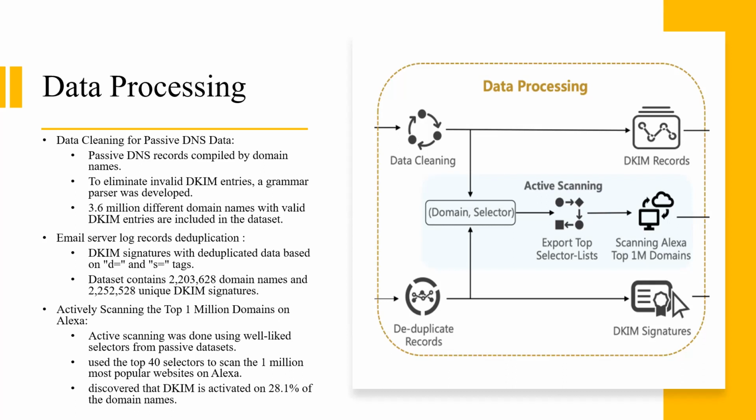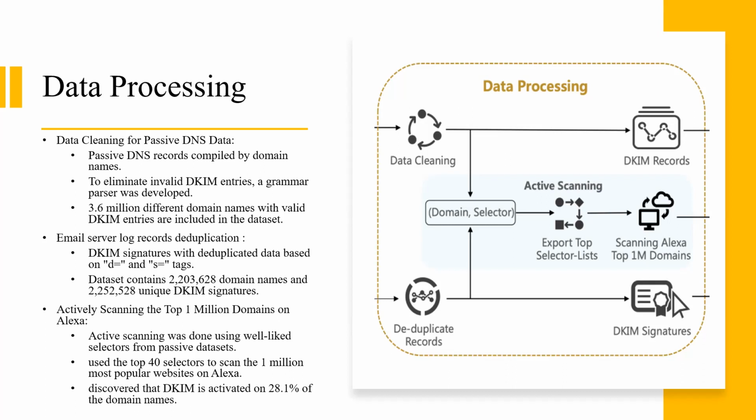As you can see in the attached screenshot, there is a flow graph representing all the steps involved in this data processing. First is data collection, moving on to the next step, data processing.